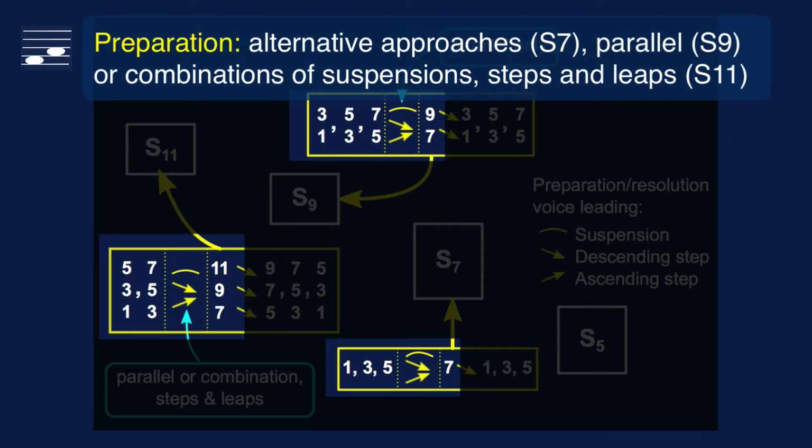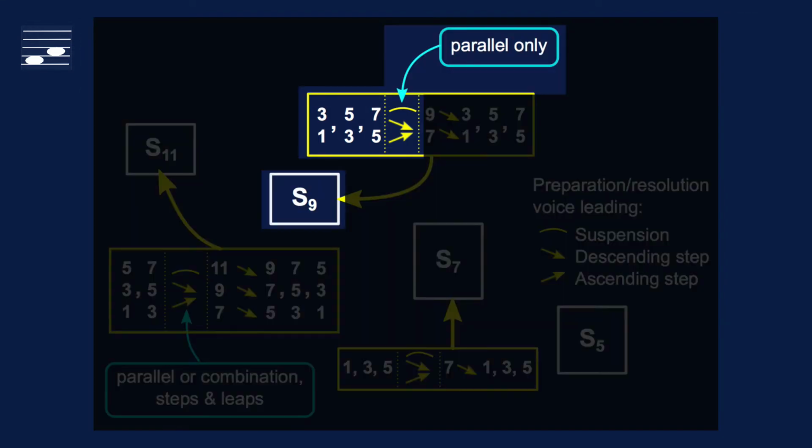The alternative voice leading approaches come into play for the preparation of dissonant chordal functions. We start from either consonant functions 1, 3 and 5 or a lower dissonant, and then use either suspended notes or stepwise motion. There are specifics for the S9 and S11. In the S9, the consonant third formed by 7 and 9 requires parallel preparation motion, so the 2 parts are either suspended or move in parallel in the same direction.